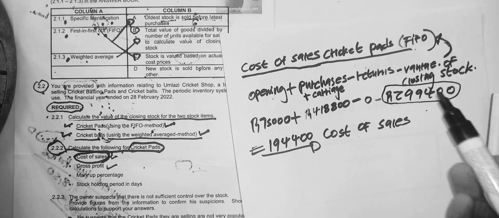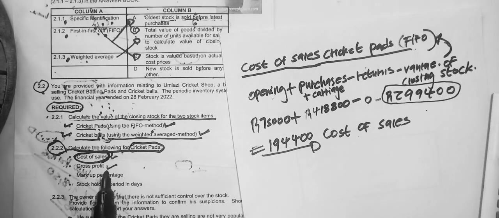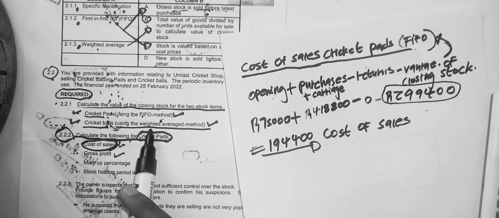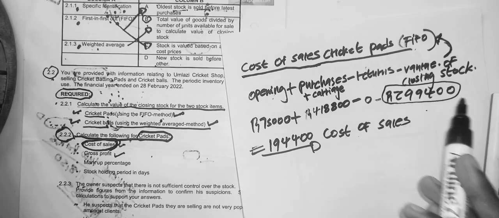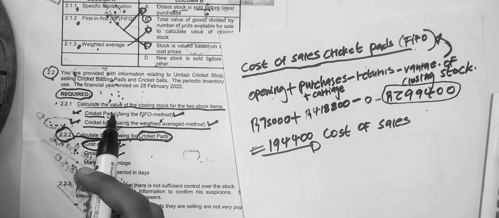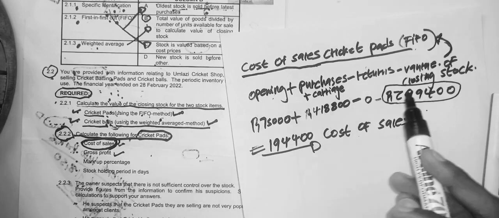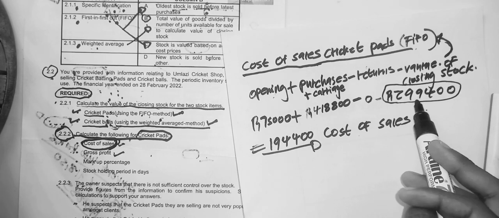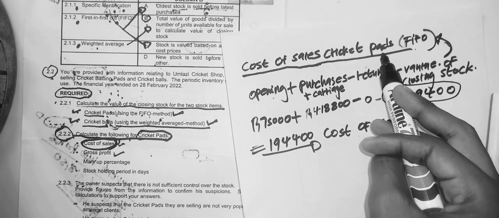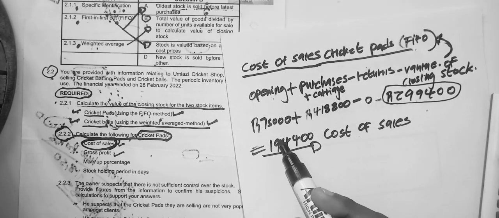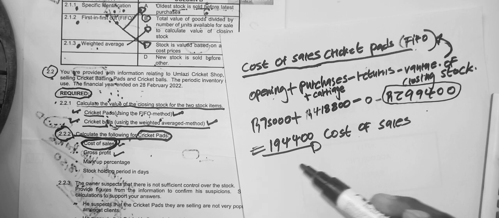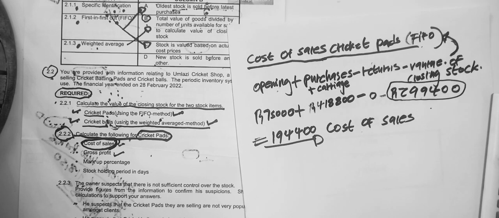If you were using the weighted average method, we would use the answer for cricket balls here. But now we're using cricket pads with the FIFO method, so we want the answer that we got on FIFO, then we minus it here. That's the value of closing stock of your cricket pads. Then you get your cost of sales of 194,400, right? I hope you understand.